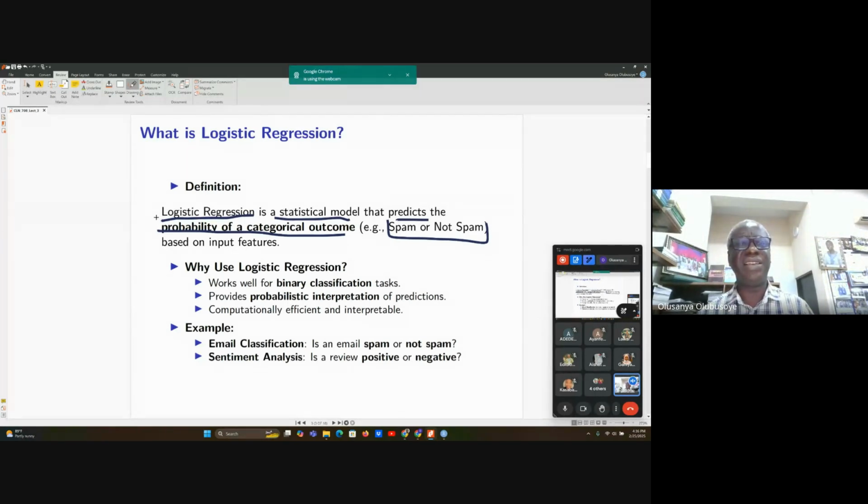But the fundamental thing here is that logistic regression is the model that can help us to predict the probability of a categorical outcome.